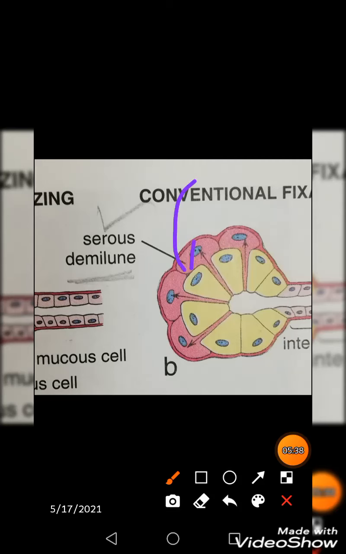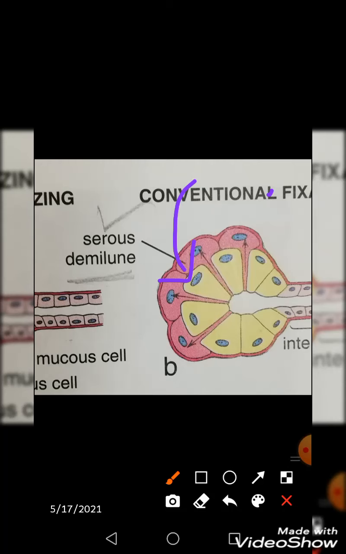These are the serous demilunes, of semi or half-moon shape. It is said that these serous demilunes, at least as an aggregation, may be an artifactual problem. They say that when you apply the stain, the adjacent mucus cells swell up in routine preparation and form the serous demilunes. But some authors do write that these are present as a separate entity.